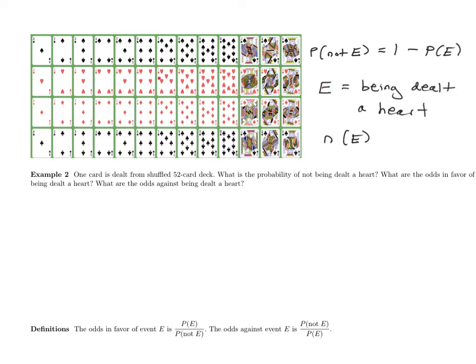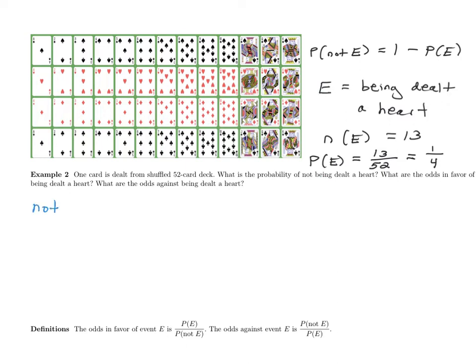Well, it's all of these things here, which we know there are 13. Therefore, if you want the probability of event E, it's the number of hearts that you could possibly be dealt, which there are 13, out of the size of the sample space, which is 52 cards. And we've seen before that this reduces to 1/4. There are 4 total suits, and we're saying you can get the entirety of one of those suits. So 1/4 or 0.25.